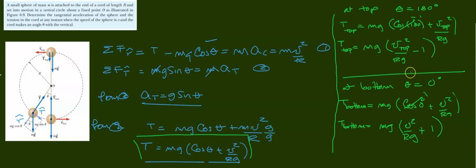This is of course just the extremes for the tension. If you put 35 degrees, then you're going to substitute 35 here, and you are going to get the tension at 35 degrees.